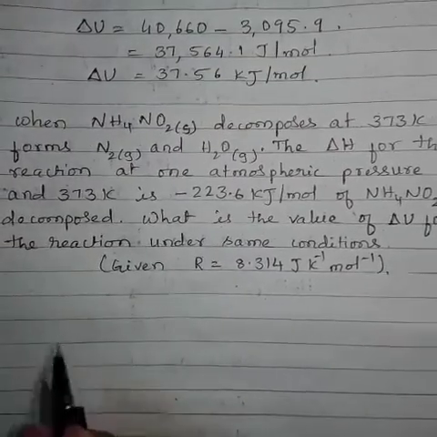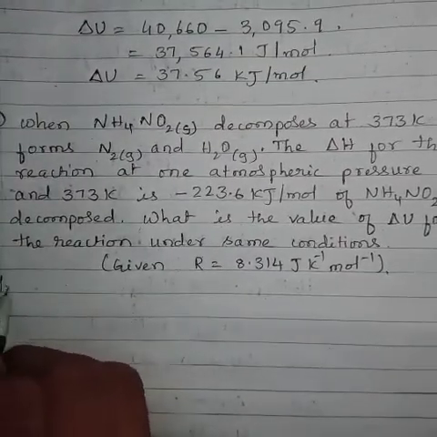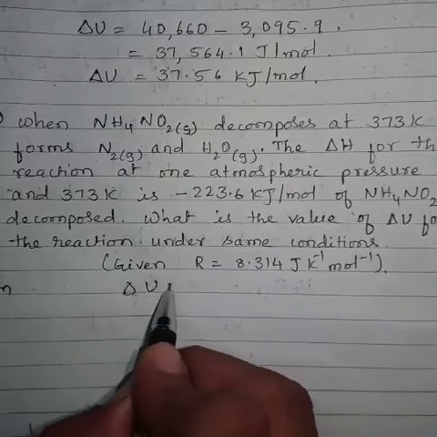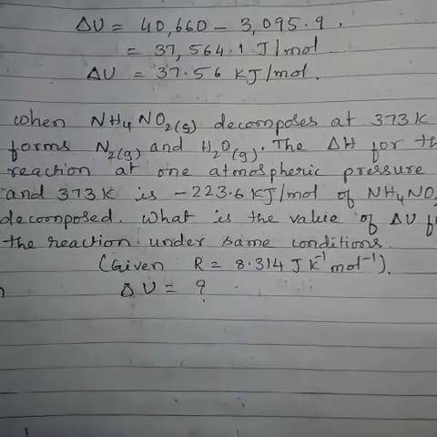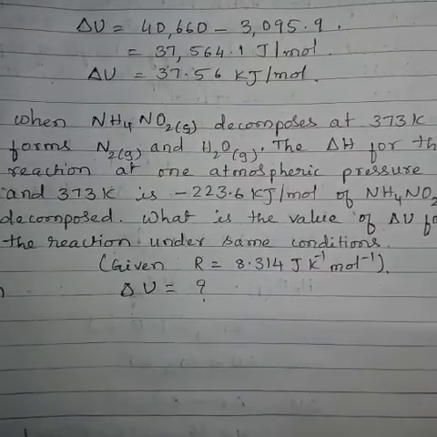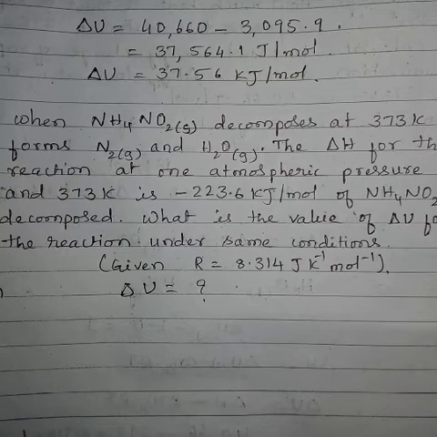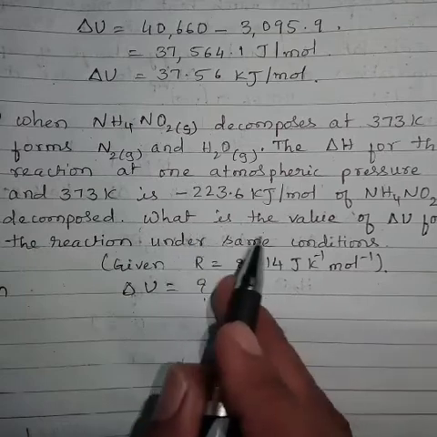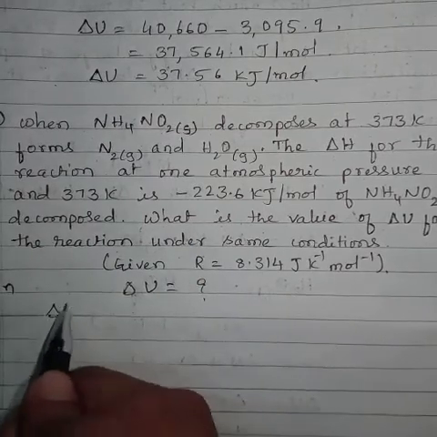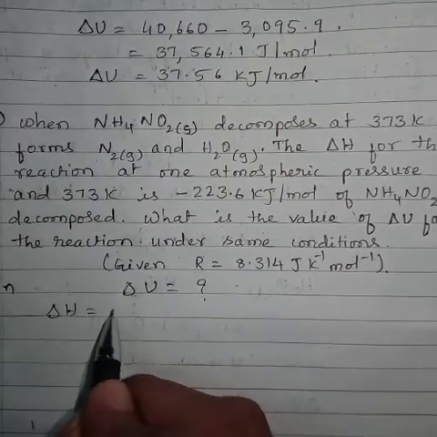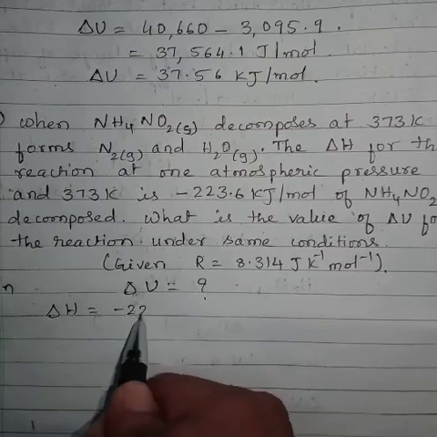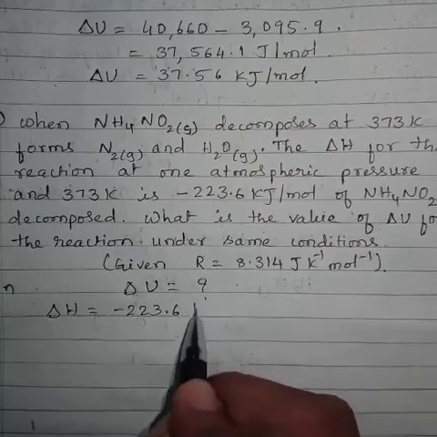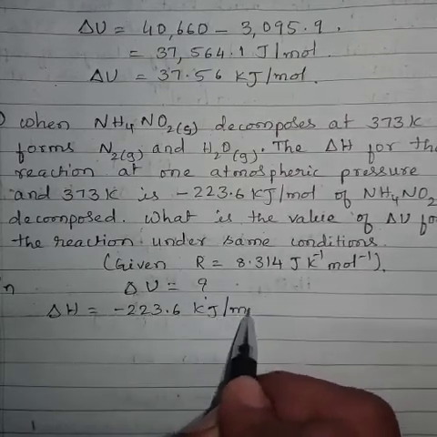So here we have to calculate the change in internal energy, that is delta U at same condition. It means 1 atmospheric pressure and 373 Kelvin temperature. Delta H value is given, that is minus 223.6 kilojoules per mole.